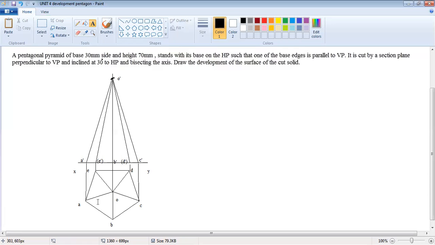The next step is to draw the cutting section. The cutting plane is perpendicular to VP, inclined 30 degrees to HP, and bisecting the axis. Bisecting means we take half the distance of the height. 70 mm means we have to take 35 mm. So measure 35 mm from the base on the axis line.